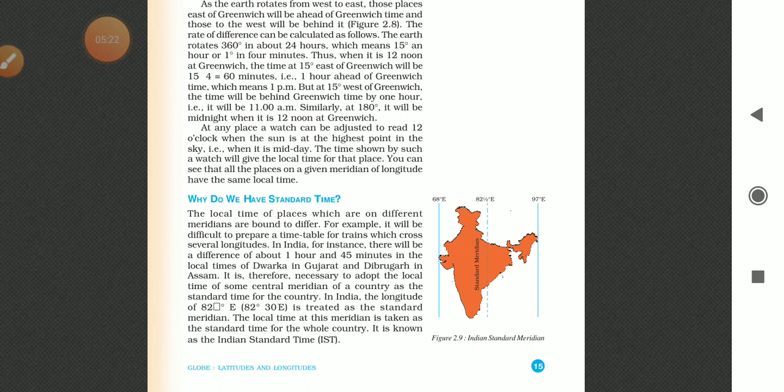Now, next come to need for standard time, or why do we need standard time. The local time of the place, which are on different meridians, is bound to differ.